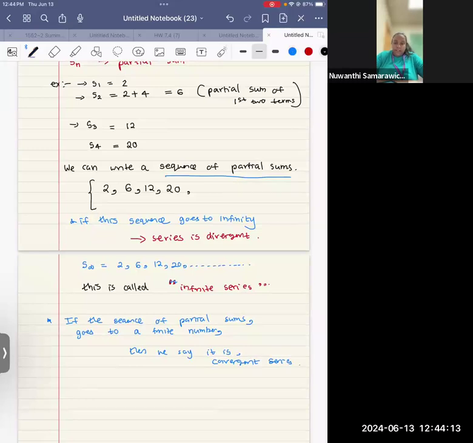So how do we write this mathematically? If you have this term 2n, we write this as the limit when n goes to infinity of s sub n.